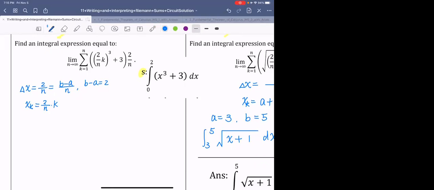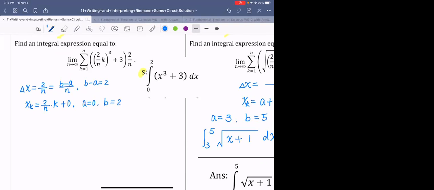Does it plus any number? Plus 0, yes. So your a equals 0, and your b is equal to 2.